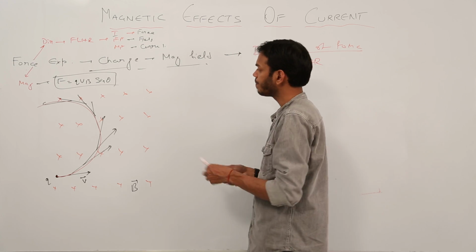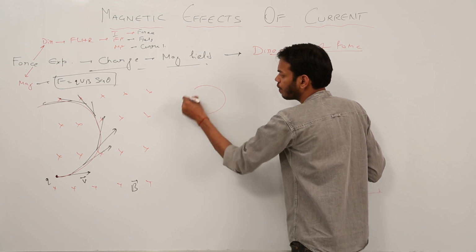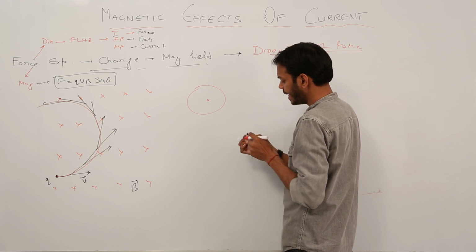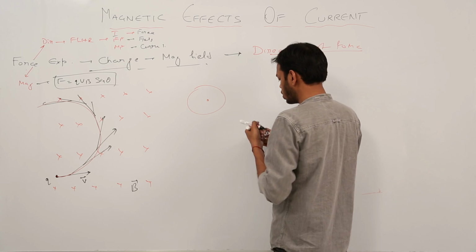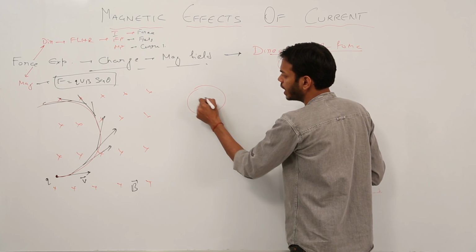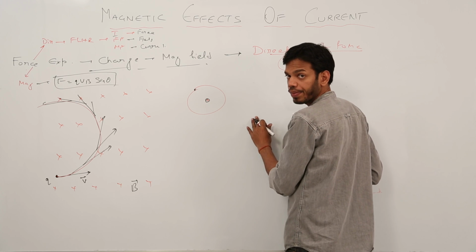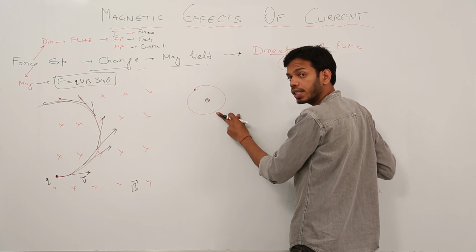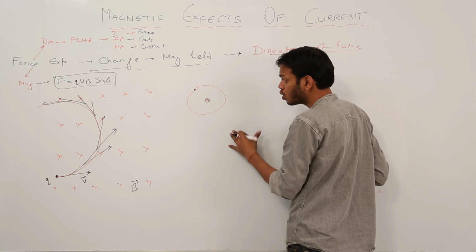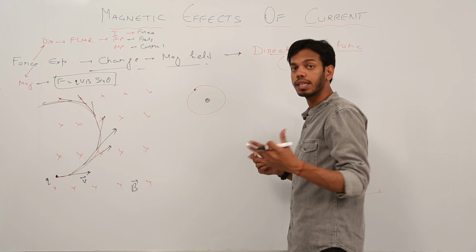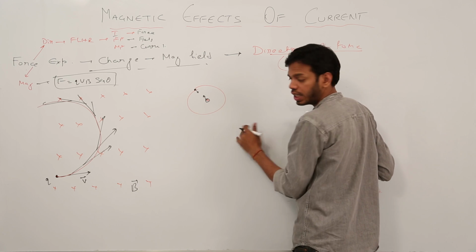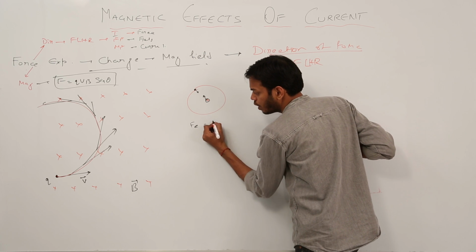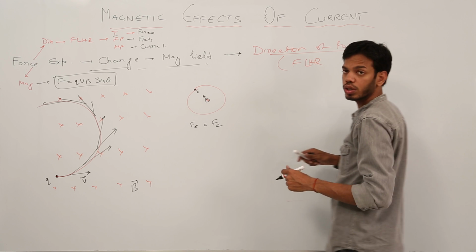For example, in case of electrons and protons, electrons revolve around the nucleus in circular orbits. If this is circular motion, there is a centripetal force involved, and as I just told you, that centripetal force is provided by something. Here, the electrostatic force of attraction is providing the necessary centripetal force.